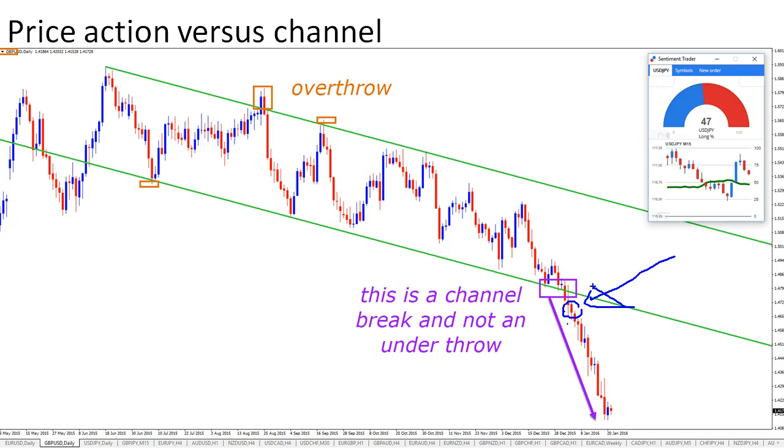Another method could be to wait for a higher high, a higher low or a lower high. In this case, let's say price would have hooked back. It didn't. Let's say it did, and we would have gotten a lower high here. Well, that lower high would have been a confirmation of the break as well. Or if price would have broken to the upside here and hooked back, then the higher low would have been a confirmation of the upside break, right?